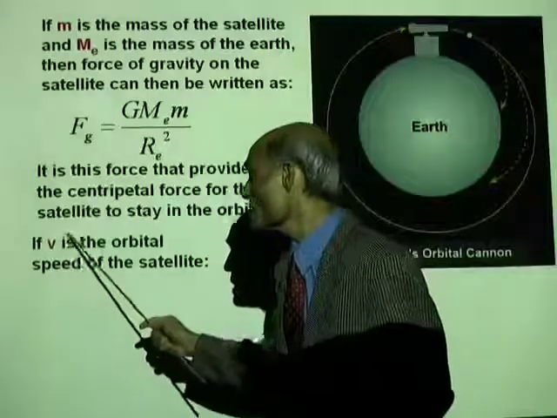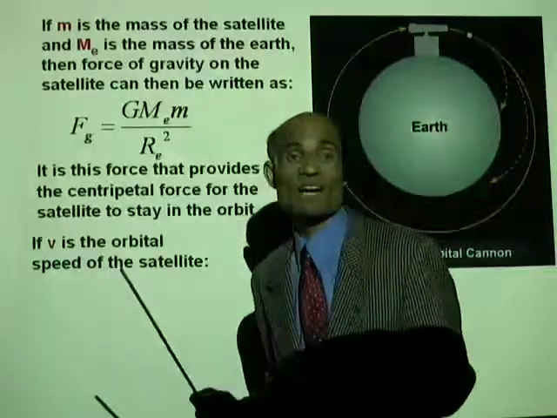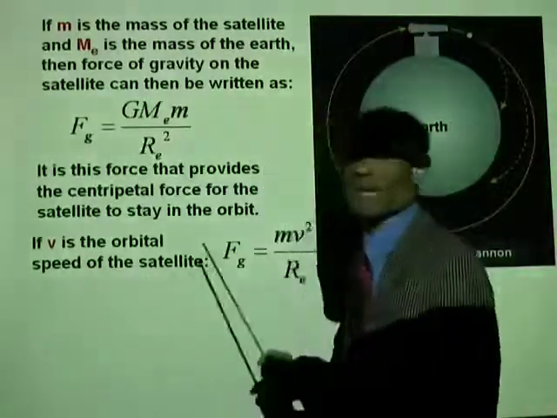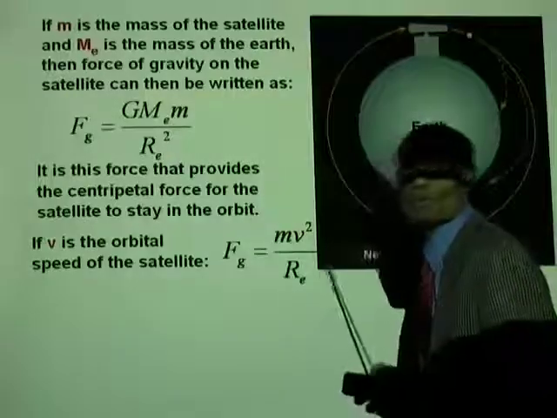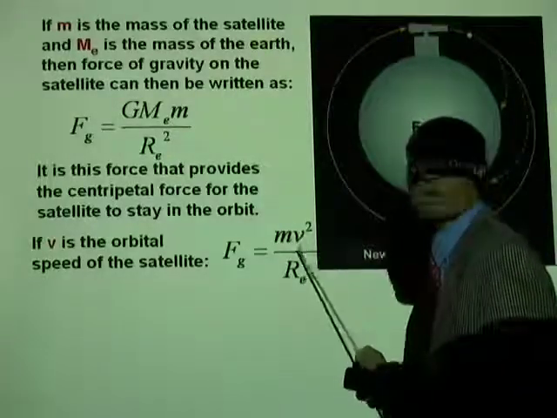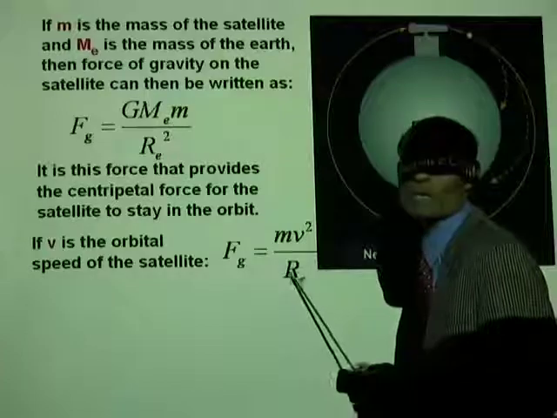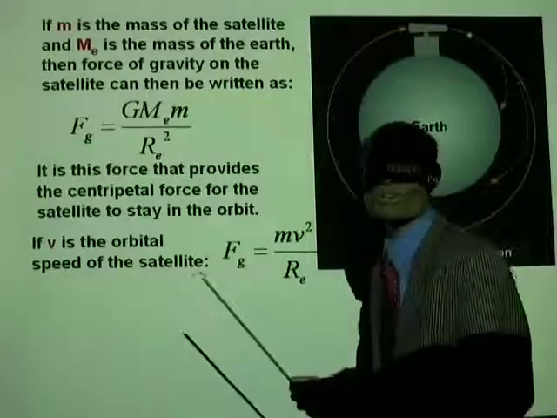If v is the speed of the satellite in that orbit, then that centripetal force will be mv squared over RE, where RE is the radius of the Earth.